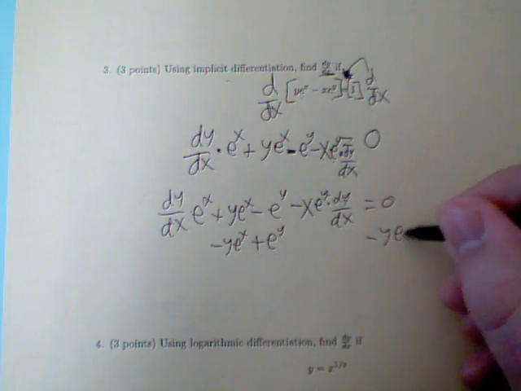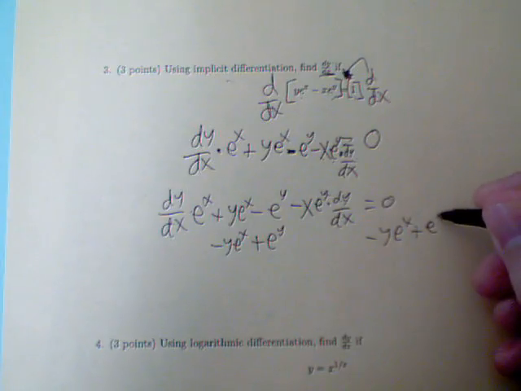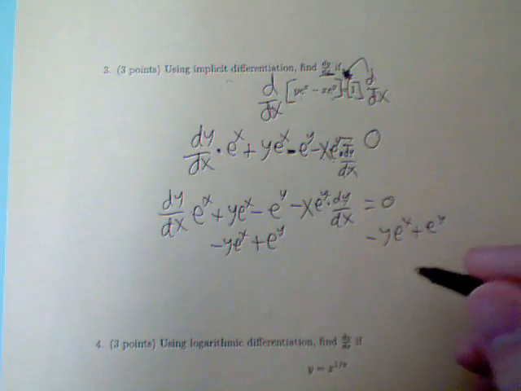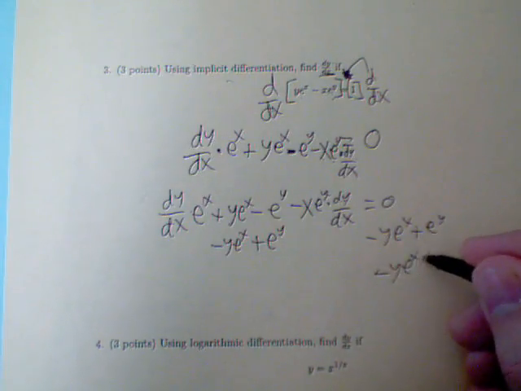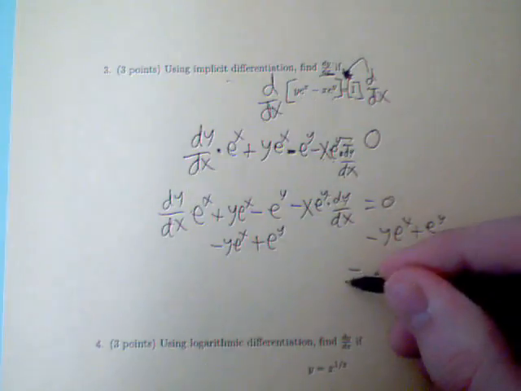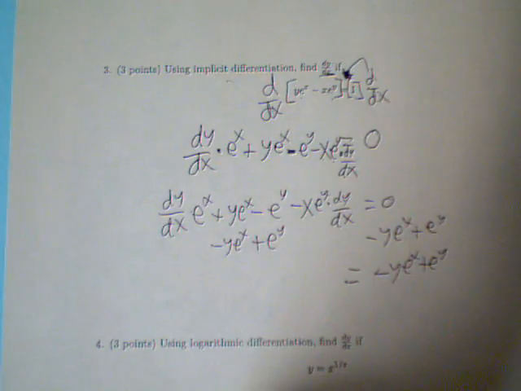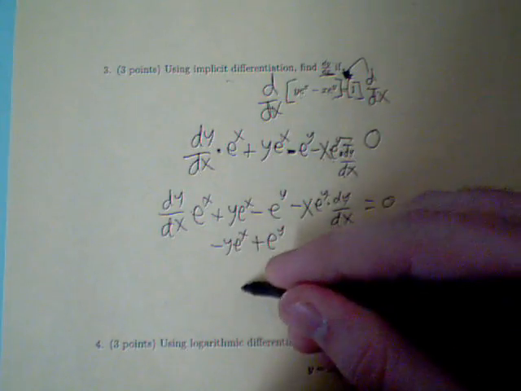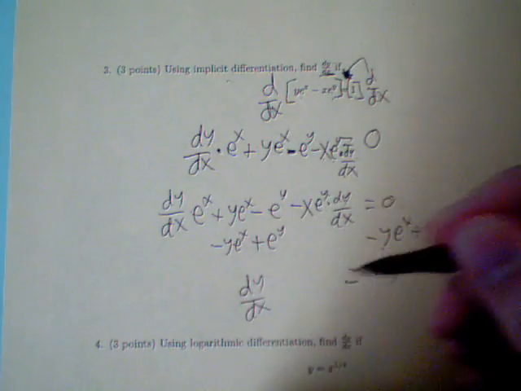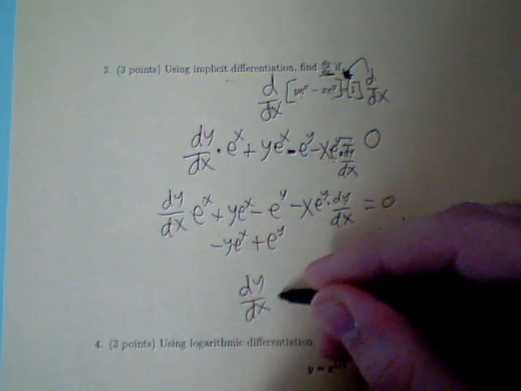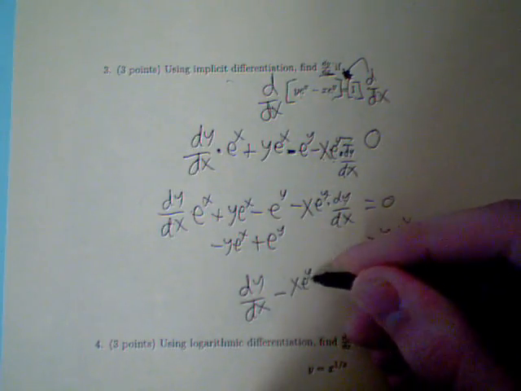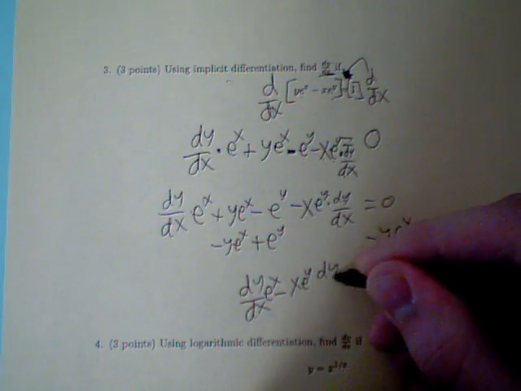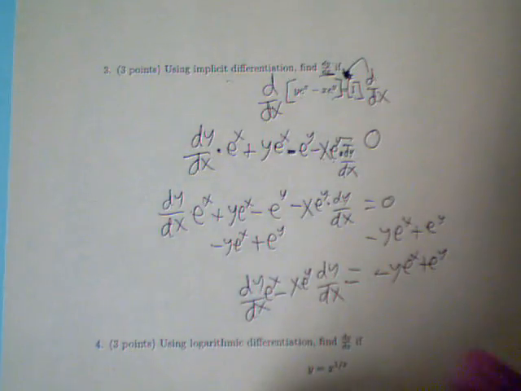Moving those over, you end up getting negative y e to the x plus e to the y is equal to dy/dx times e to the x, minus x e to the y dy/dx.